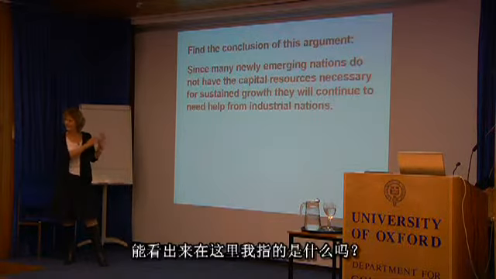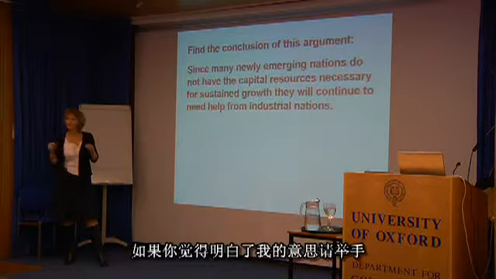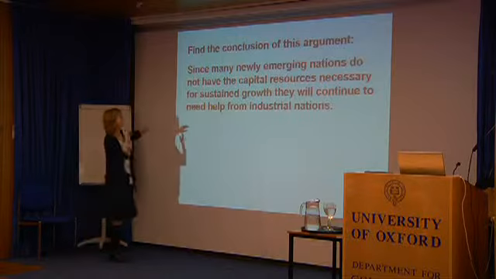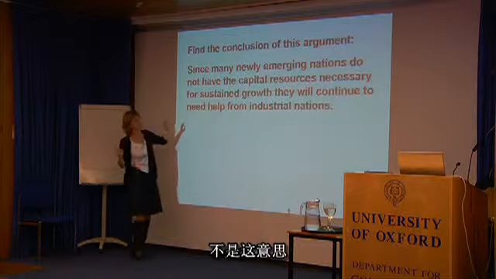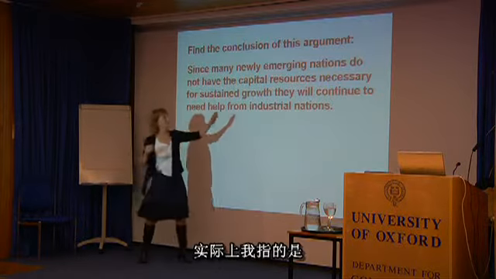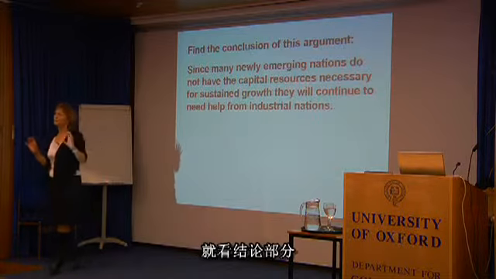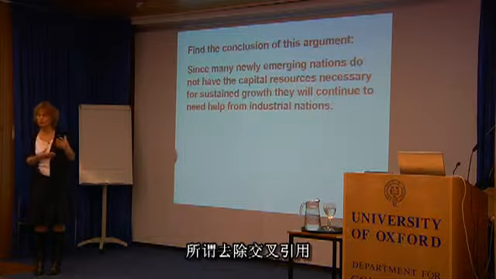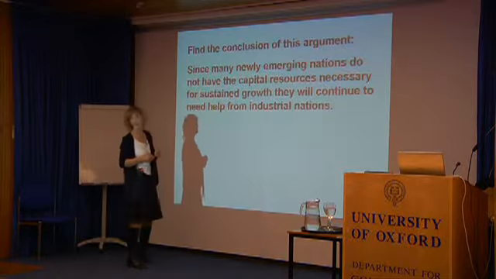Looking at this one, can you have an idea of what I meant there? Put up your hand if you think you see what I mean. I think you thought I meant in the whole argument, but actually I just meant in they will continue to need help from industrial nations. Just looking at the conclusion there, can you see what I might have meant by saying we need to remove cross-references and inconsistent terms and so on? The actual conclusion is newly emerging nations.